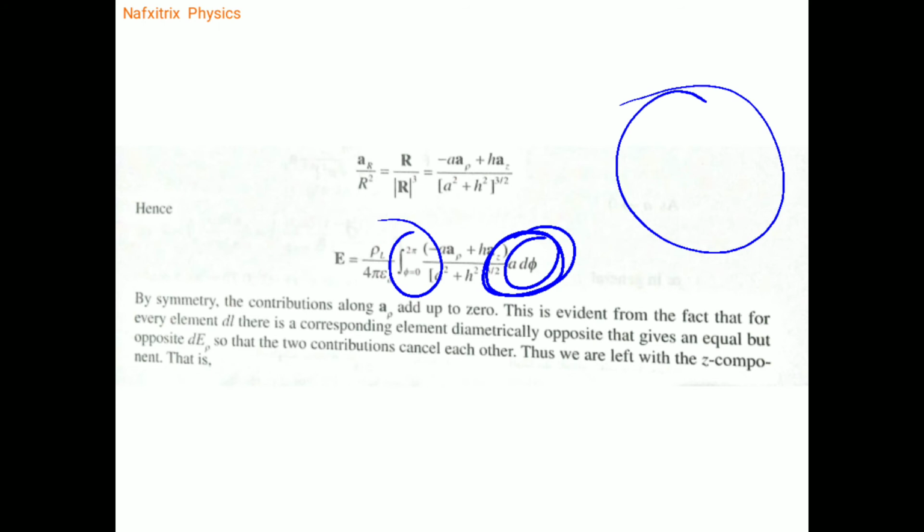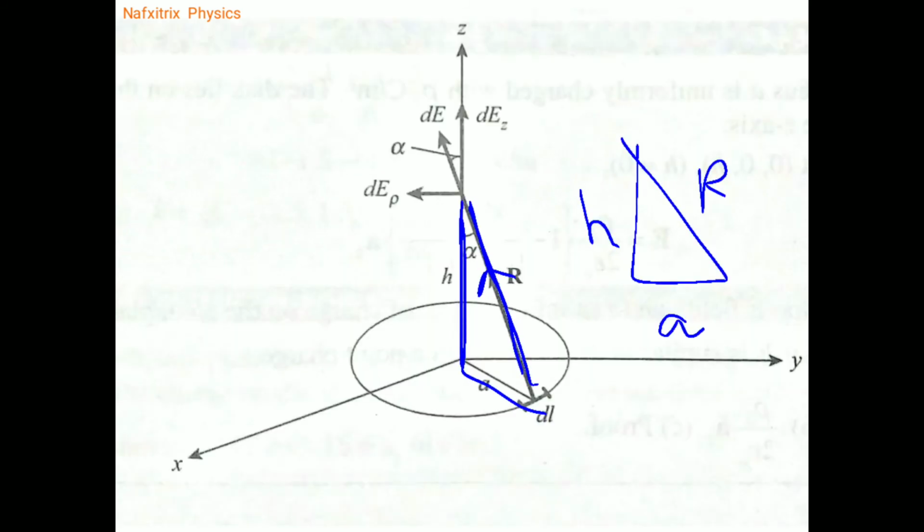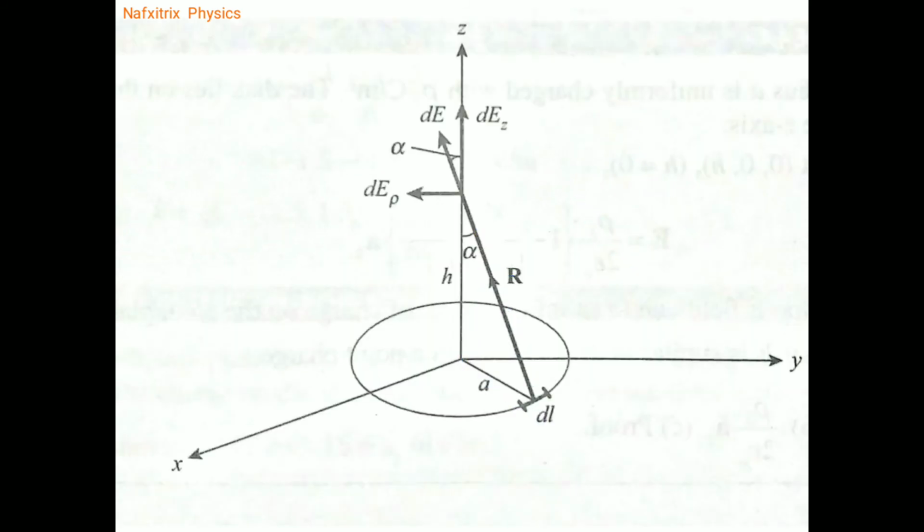Now another thing is, by symmetry the contributions along a_rho add up to 0. This is evident from the fact that for every element there is a corresponding element diametrically opposite that gives an equal but opposite E. So the two contributions cancel each other, and we are left with z components. If we consider this ring, for every element there would be another exactly opposite element.